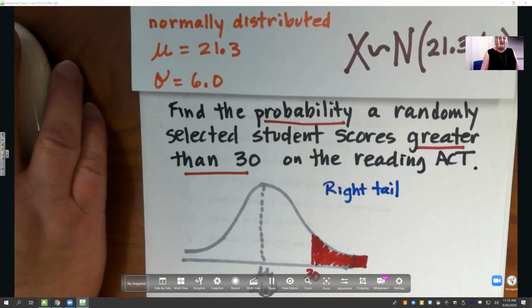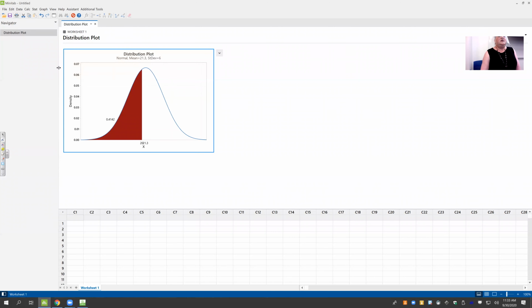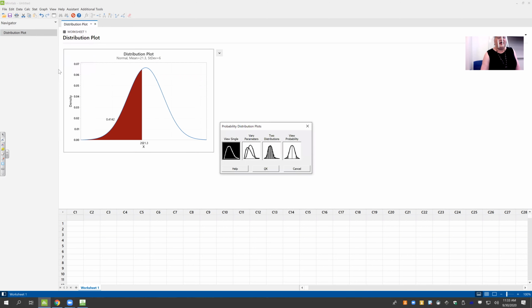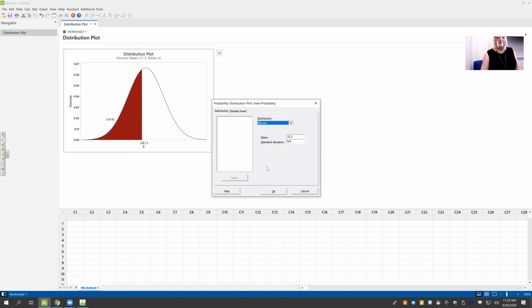So I'm going back to the menu tab, back through the same steps. Graph, probability distribution plot, view probability. I'm still a normal distribution with a mean of 21.3 and a standard deviation of 6. That hasn't changed.